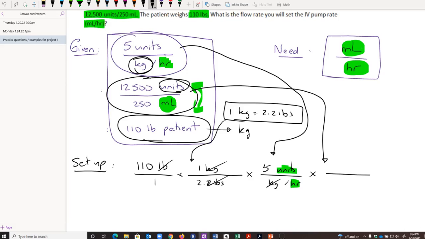So we're going to put the 12,500 units on the bottom in the denominator, and that leaves the 250 milliliters on top. So the word units goes away, and now the only unit we're left with is milliliters on top. We have hours underneath, right? That is what we want to get to.